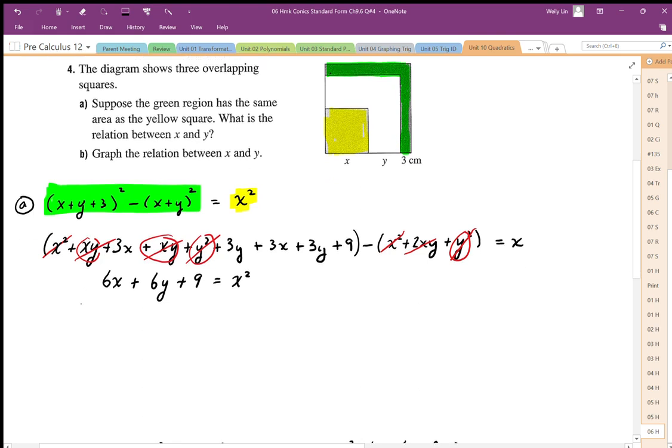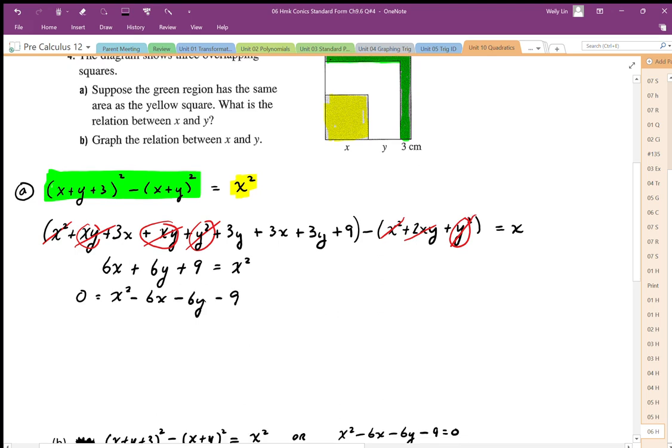So I can make this equal to 0 and leave it in that general form. So I can end up with, actually I'm going to write it like this, x squared minus 6x minus 6y minus 9.